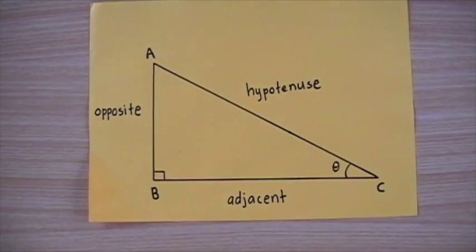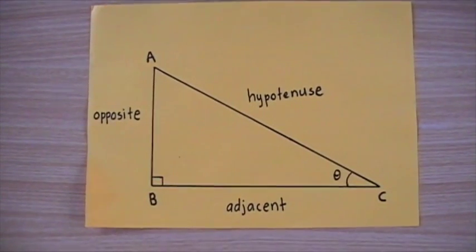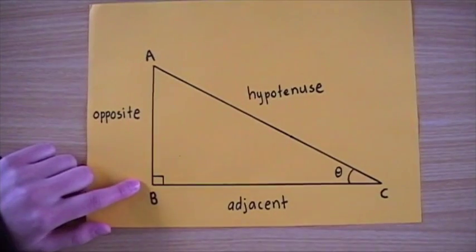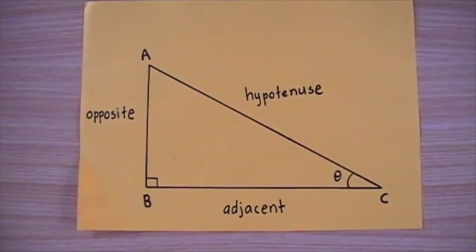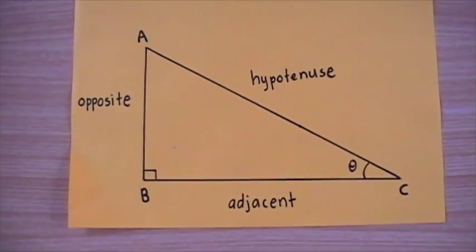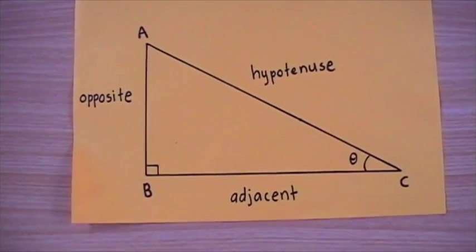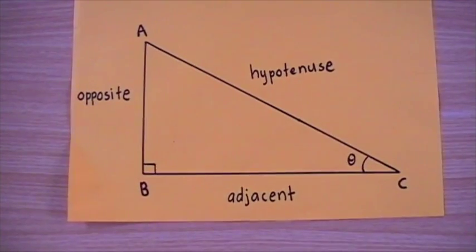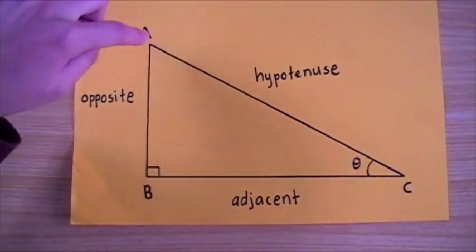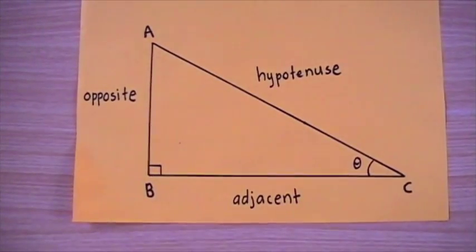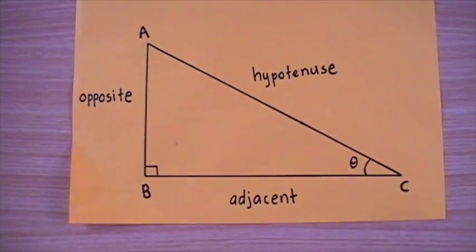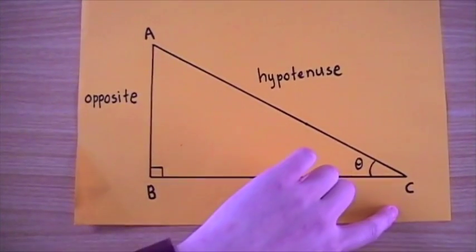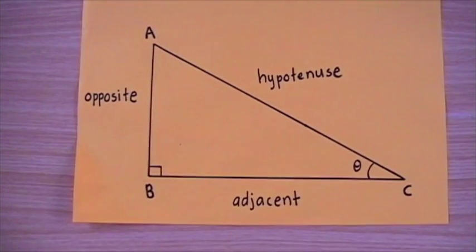Ratio cosine. This is a right angle triangle because it has a symbol which means it is 90 degrees. This is the unknown angle theta. The side BC is adjacent or next to theta. And AC is the hypotenuse.